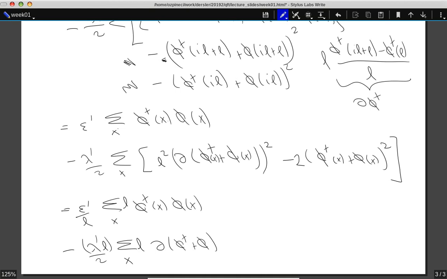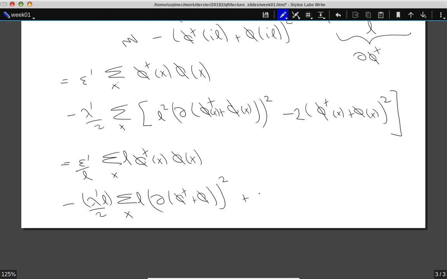Here I have epsilon prime over L multiplied by L. This whole thing squared. And then I have plus lambda prime L summed over x phi dagger of x plus phi of x squared. Lambda prime L. Here, no, let's just keep it lambda prime.